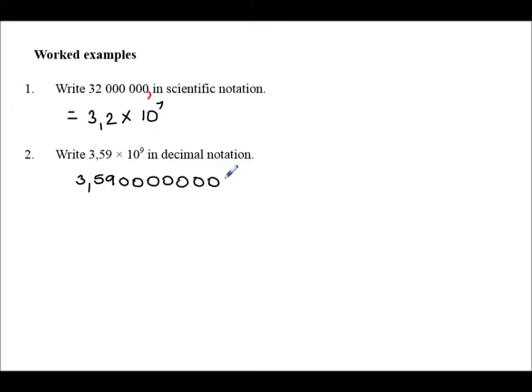Have I changed the value of the number? No, because zeros on this side of the comma are meaningless. Right, this comma must move 9 places to the right. 1, 2, 3, 4, 5, 6, 7, 8, 9. So that will be my number, right?